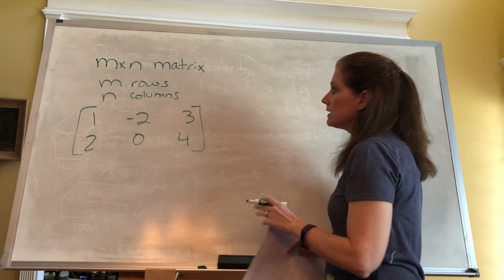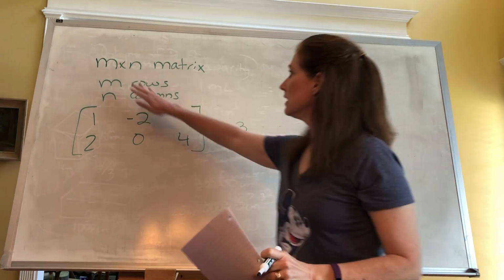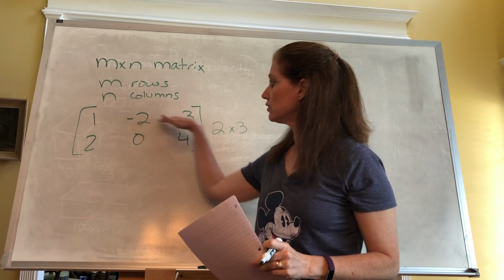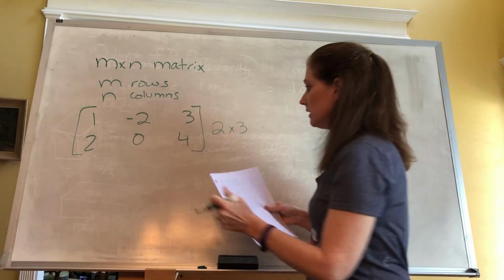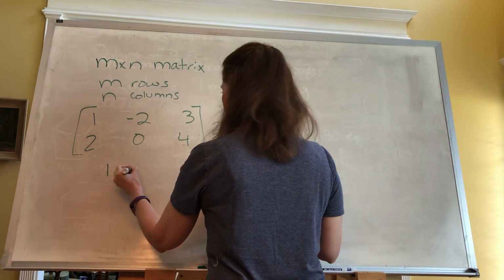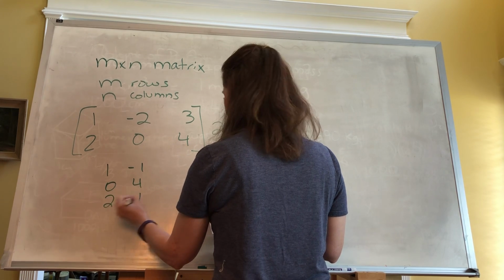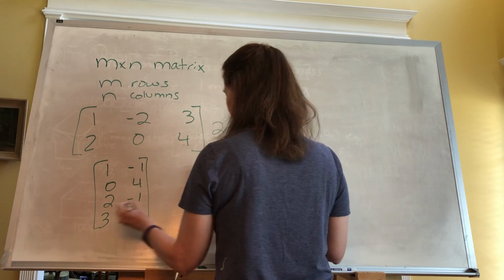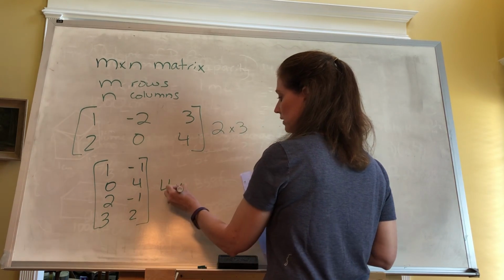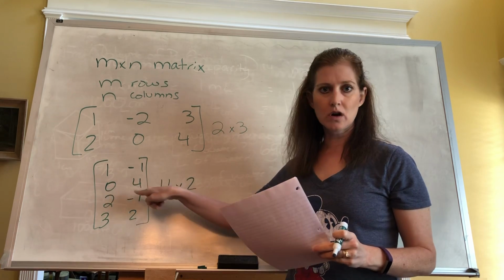Then this is a 2 by 3 matrix. So this M times N, I have 2 rows and I have 3 columns. And if I had one that looked like this, this would be a 4 by 2. I have 4 rows and I have 2 columns.